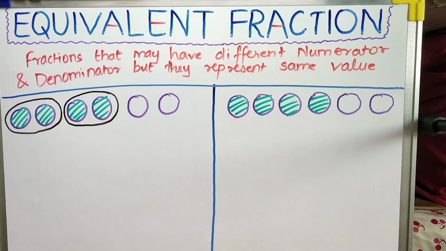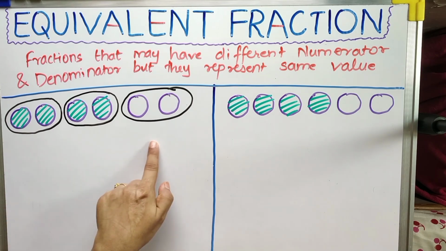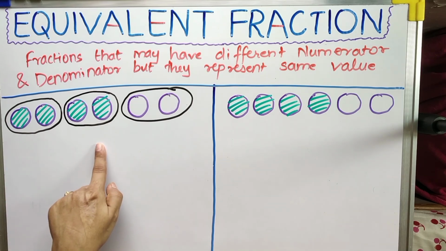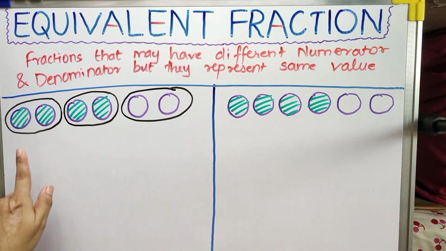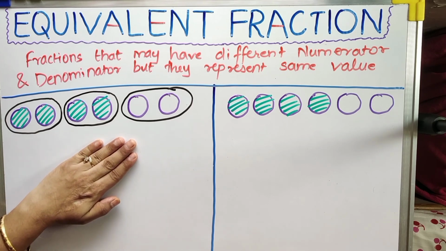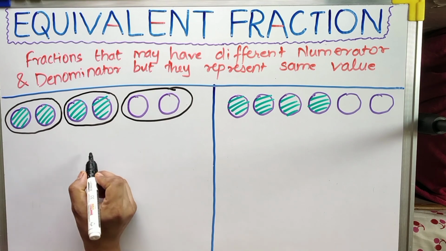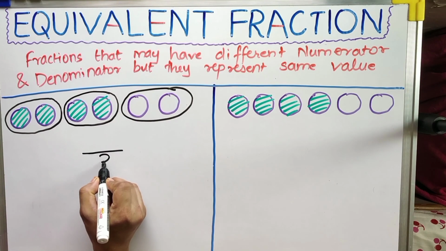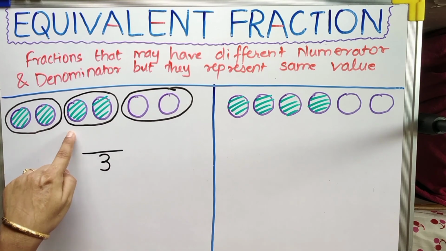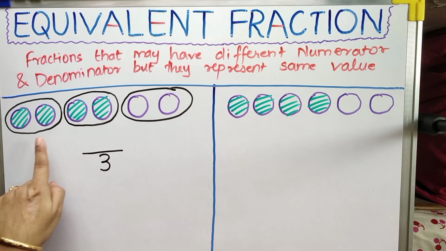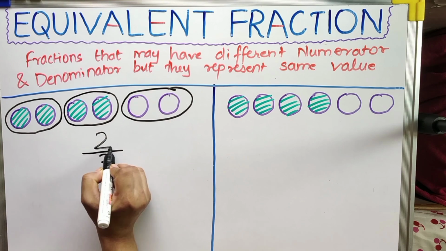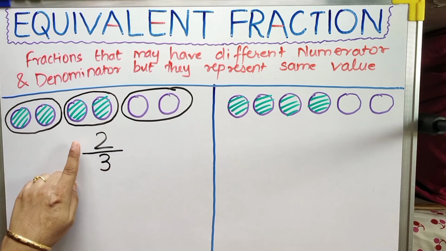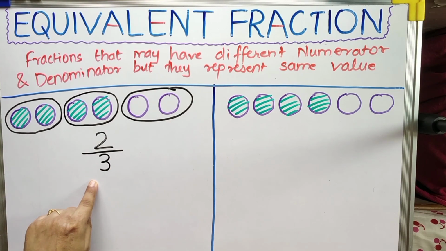Let us understand this by taking up an example. Over here you can see there are a total of 3 groups, right? So, the denominator for this particular fraction would be 3, and the number of shaded groups is 2. So, the numerator would be 2, and the fraction formed is 2 upon 3.